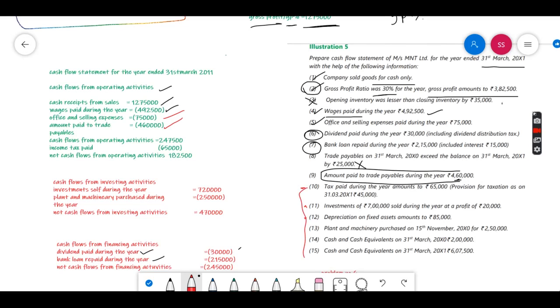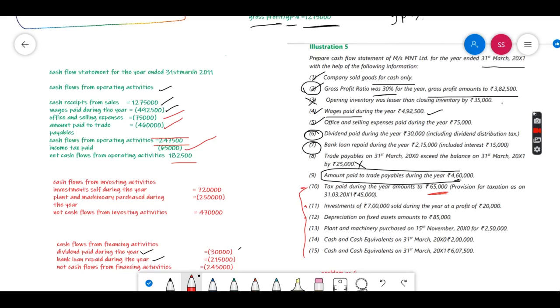If you add or subtract all these things, you will get the cash flow from operating activities, which is 2,47,500. And then from that, tax paid during the year is 65,000. If you deduct the income tax, then we will get the net cash flows from operating activities, 1,82,500.